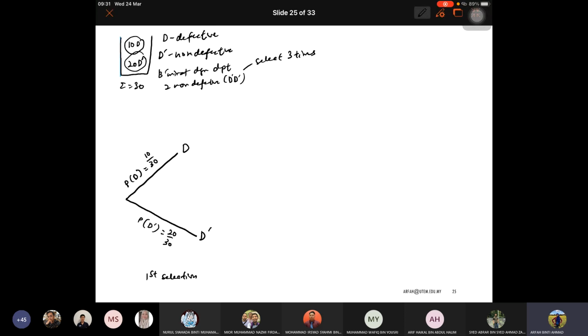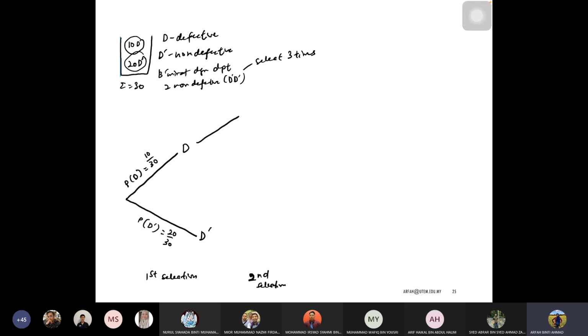So ini kali pertama. Yang ini bayangkan tangan awak baru nak masuk dalam beg tu. So baru nak masuk ada dua kemungkinan. Awak dapat defektif atau non-defektif. So select satu. Katakan yang ini adalah second selection dan yang ini akan ada dua kemungkinan juga. Meaning that you dah masukkan tangan dalam box tu, dah keluarkan dapat defektif.